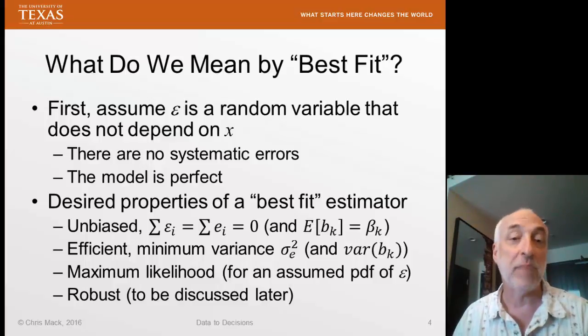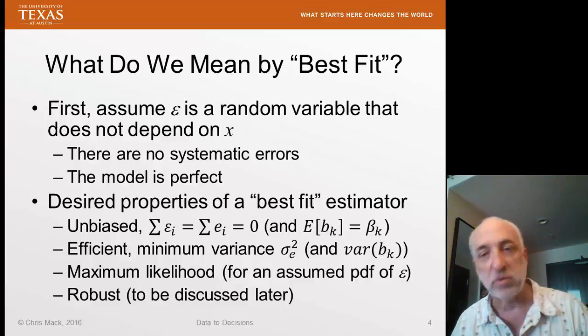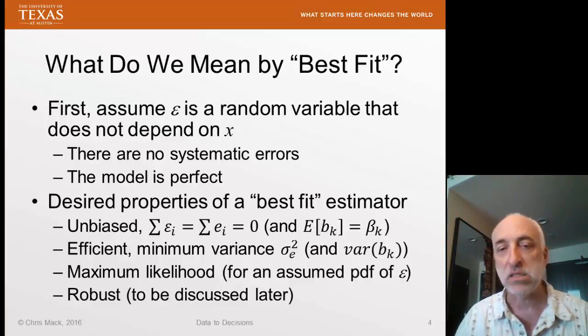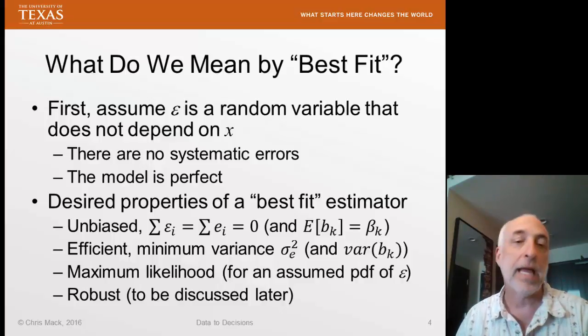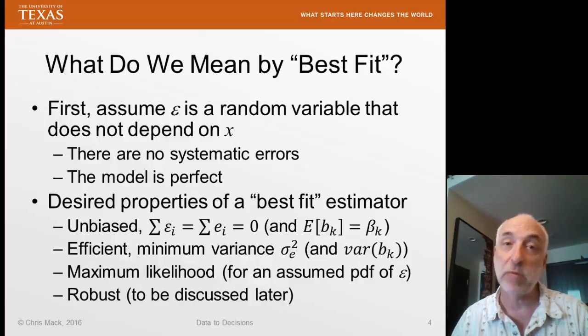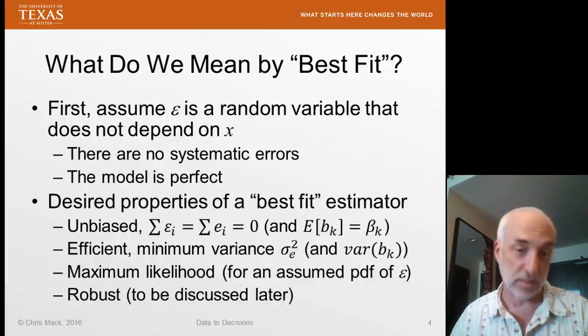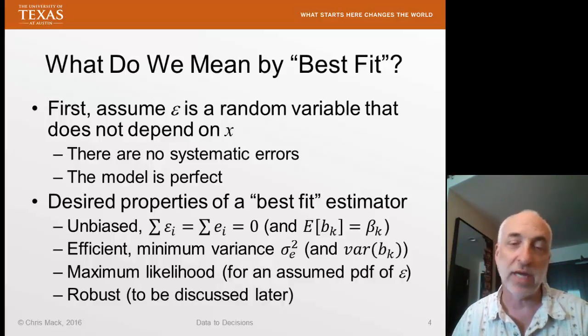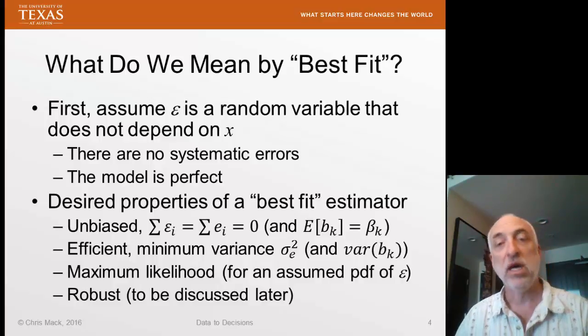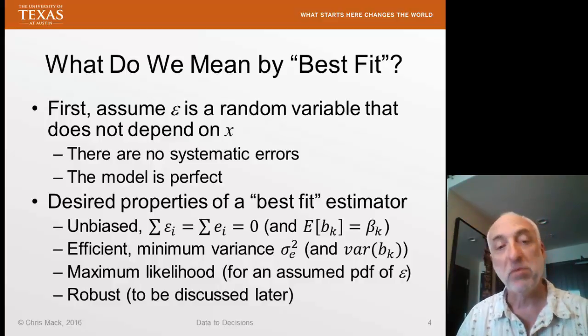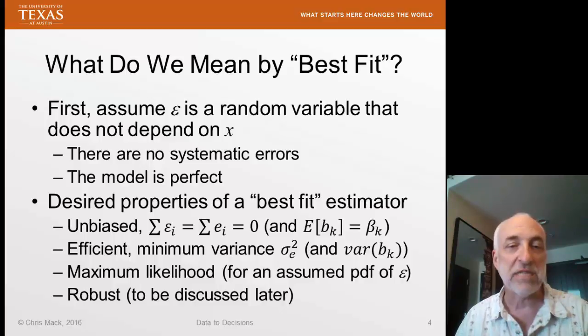Sometimes we like the idea of maximum likelihood from a philosophical or an intuitive perspective. I'll talk about what that means in just a second. The fourth thing that we would like from our best fit estimator is that it be robust. We'll have lectures on robust estimators later on in the semester, but basically what it means is, if I have a bad data point, how much does it screw up my answer?